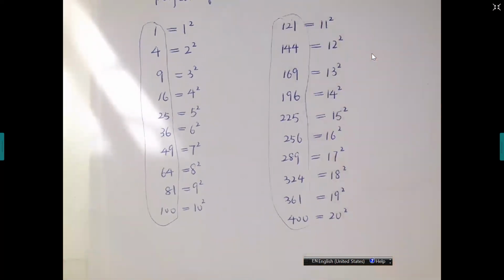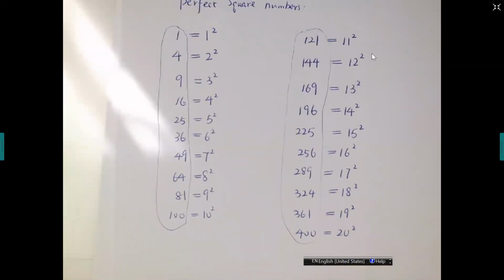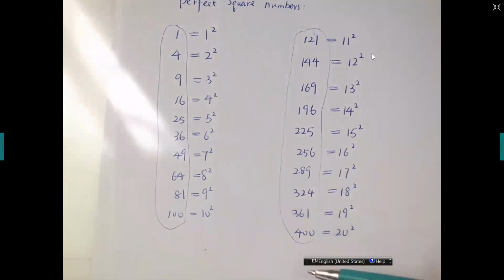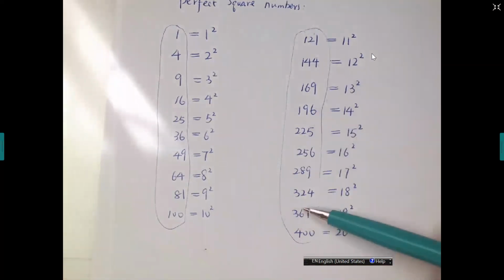They are getting much bigger, and they're not very commonly seen like those smaller numbers, but I hope I give you some impression today. When you see those numbers, you notice they are some special numbers. They're called perfect square numbers.